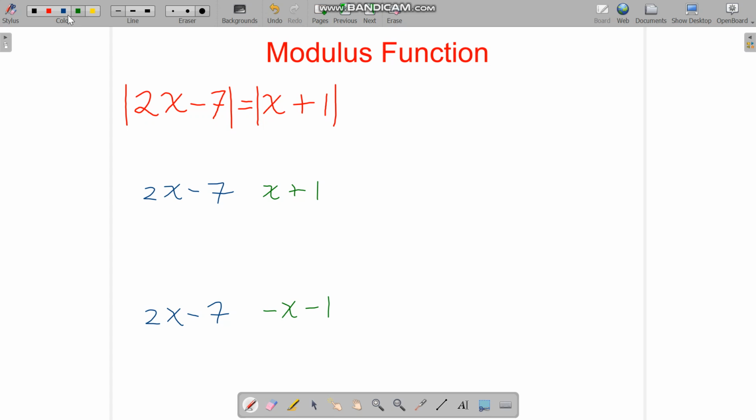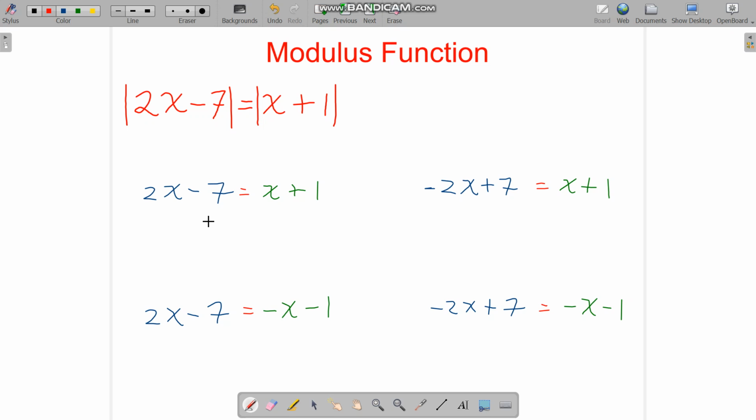So that's if the 2x minus 7 is positive. If it's negative, minus 2x plus 7. This time we try with the x plus 1 being positive and negative again, and we solve everything.